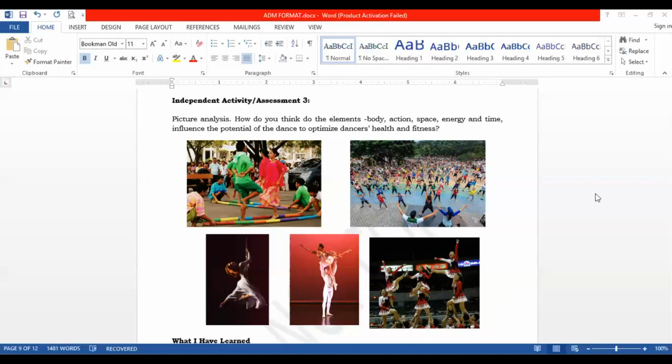So, I let them analyze, no, kung ano yung nakikita nilang kinalaman ng mga elements ng dance sa potential ng dance para maging cardio or aerobic exercise, para yung dance, what is it in the action, what is it in the use of energy that makes the dance aerobic, that makes the dance muscle and bone strengthening physical activity. So, yun yung pinapractice dito sa independent activity and assessment na ito. Okay?